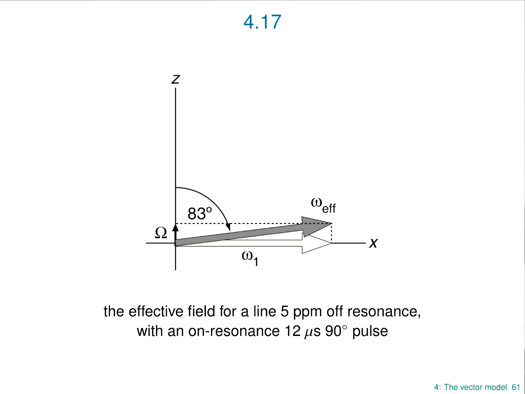So what you would say is that this pulse would be described as a hard pulse, and that means omega 1 is sufficiently big that over a range of offsets, it produces a field that's almost along the x-axis. Now, whether 83 degrees is close enough to 90 to matter depends on the experiment, but this is typically what you would do.